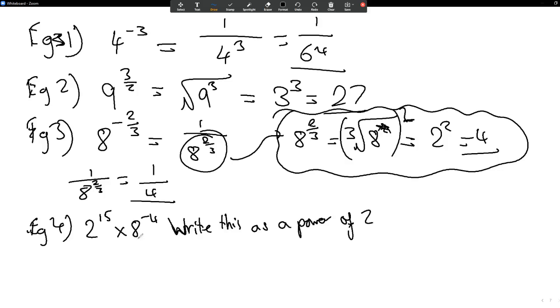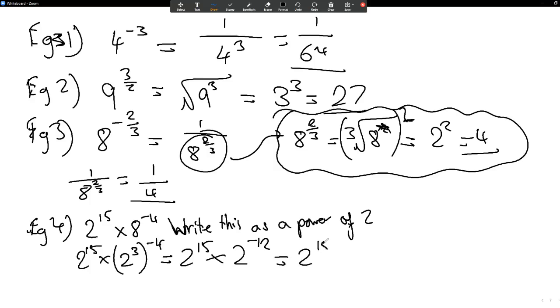So what we need to realize here is that 8 can be represented as a power of 2. It's just 2 to the power of 3, because 2 cubed is 8. And remember, from our bracket law, we can change that to be 3 times minus 4, which is minus 12. And because of our multiplication law, we know that that's just 2 to the power of 15 minus 12. We can just write 8 like that.